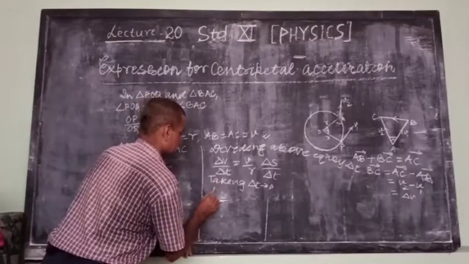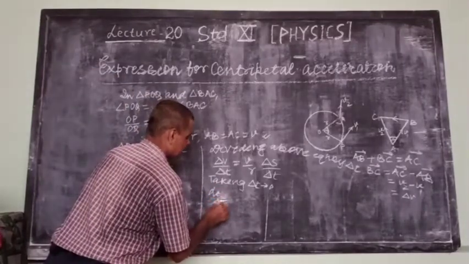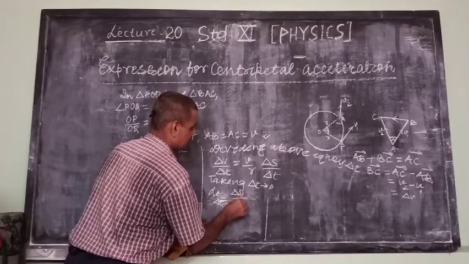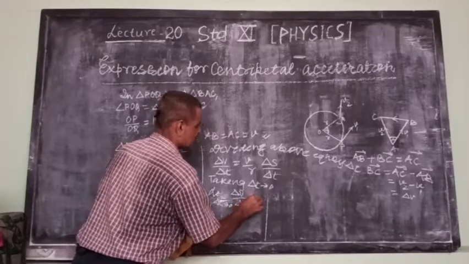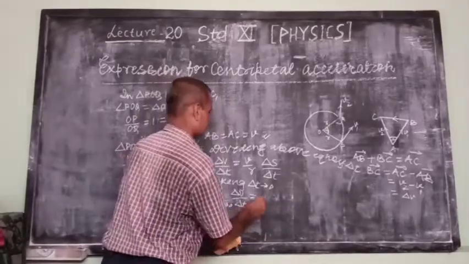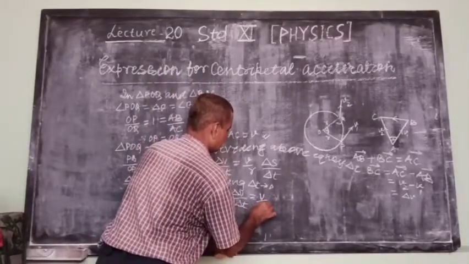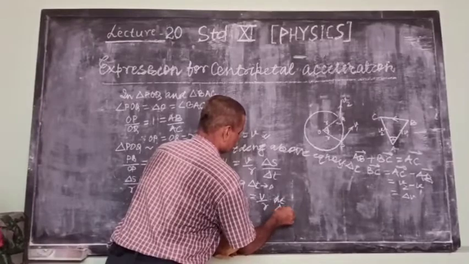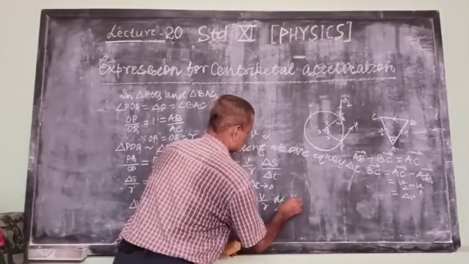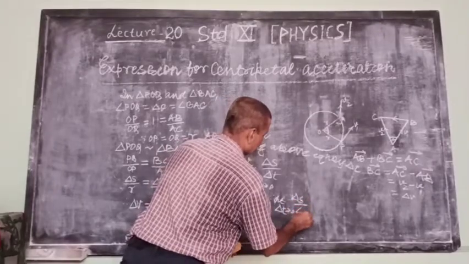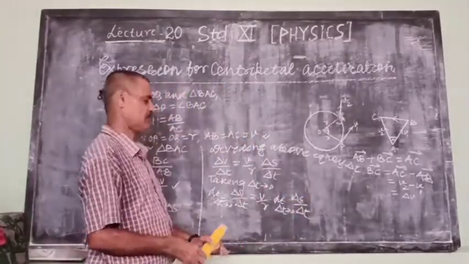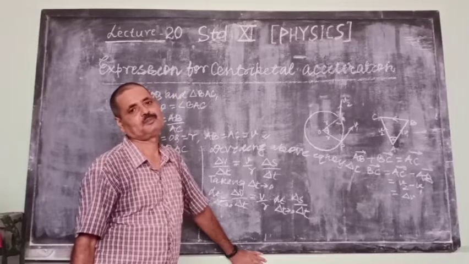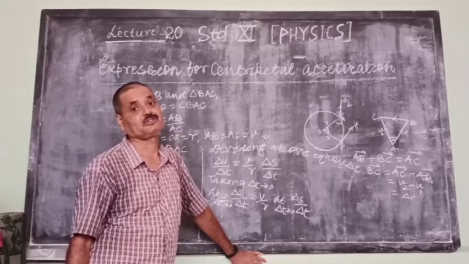So this will be limit delta T tends to 0 of delta V by delta T, and this is equal to V by R into limit delta T tends to 0 of delta S by delta T. Recall your calculus knowledge: limit delta t tends to 0, delta x by delta t can be written as dx by dt.